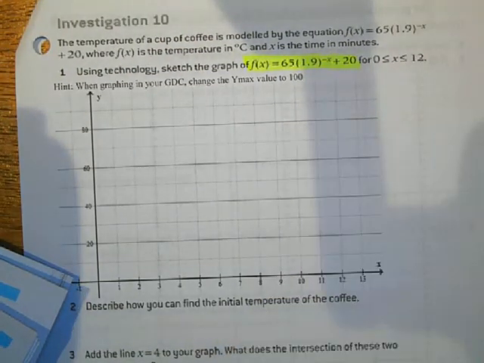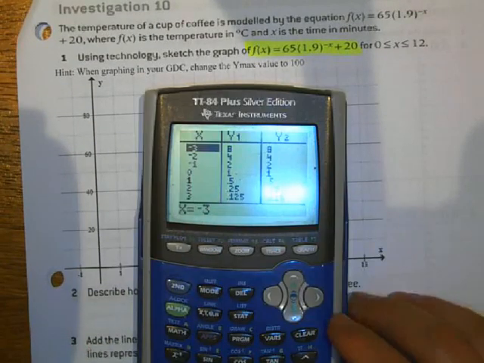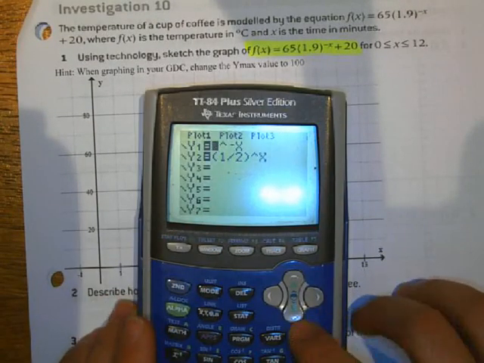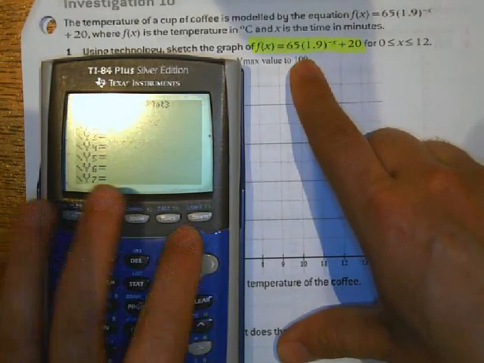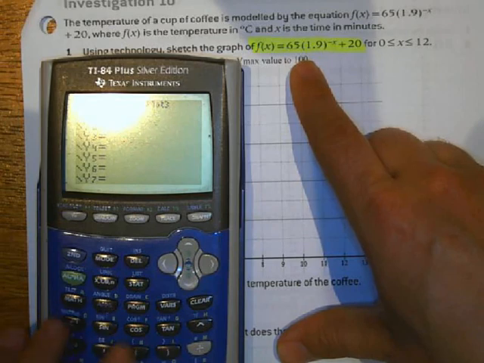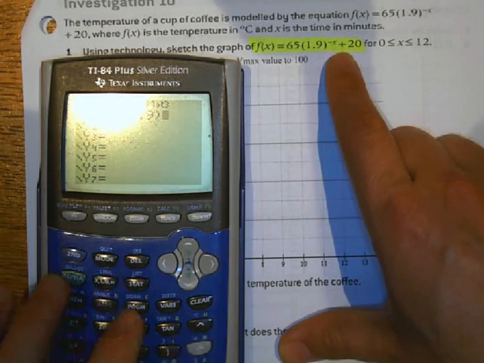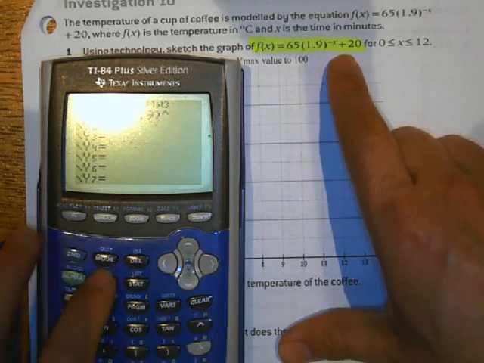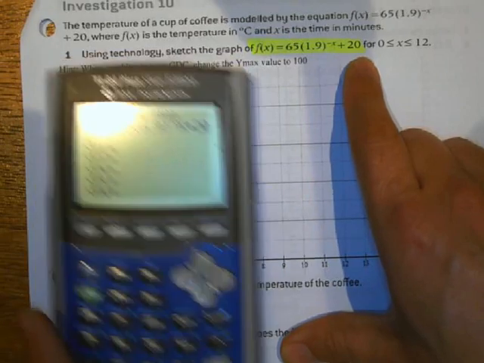I'm going to type this into my calculator, and let's do that right now. So we get 65 times 1.9 to the power of negative x plus 20.